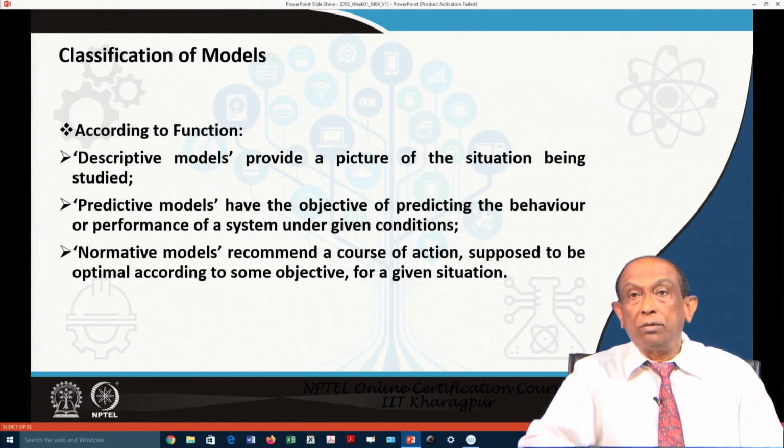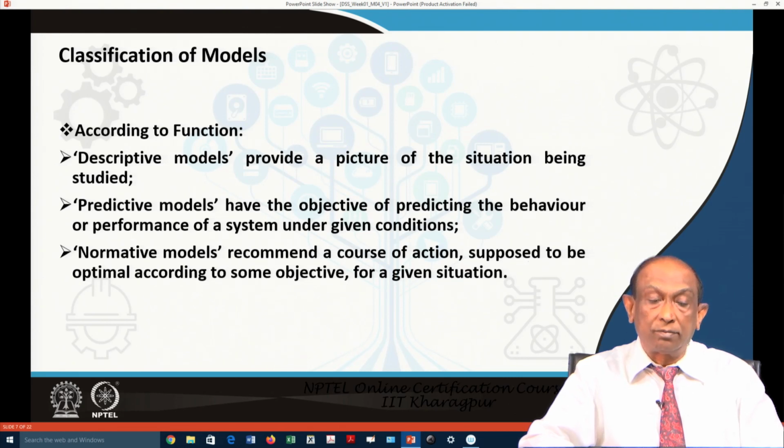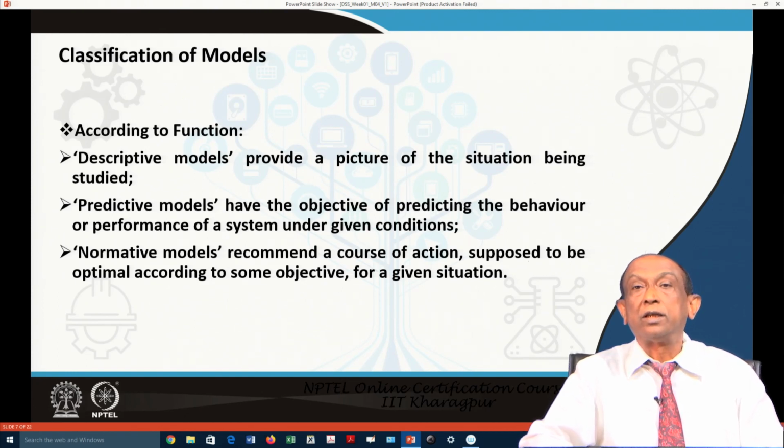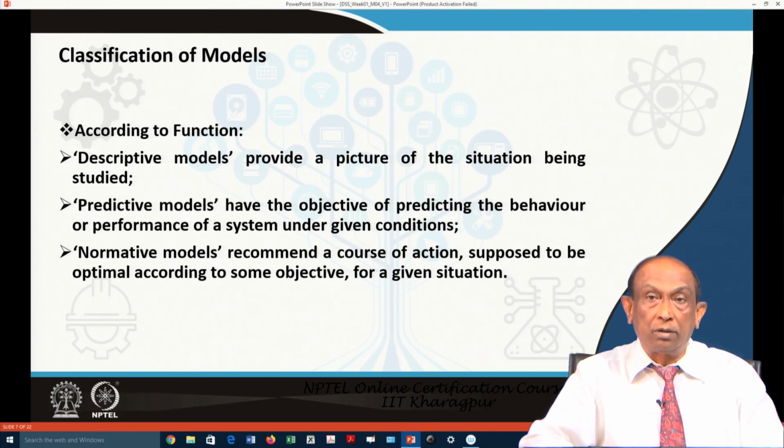Now, we discuss the classification of models. The different classes of models that we use in decision support systems. First, according to function.